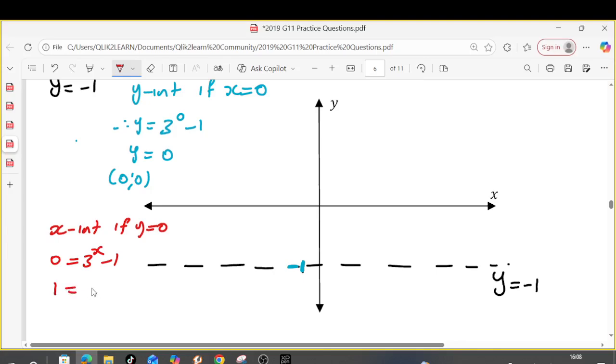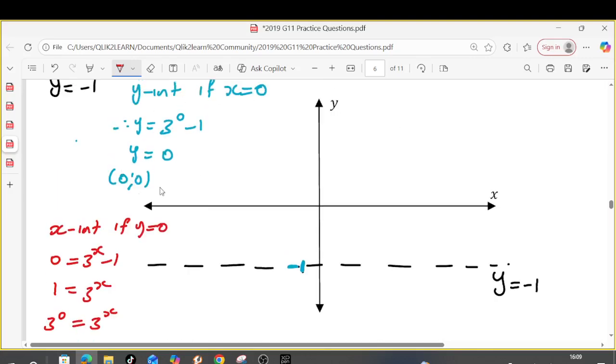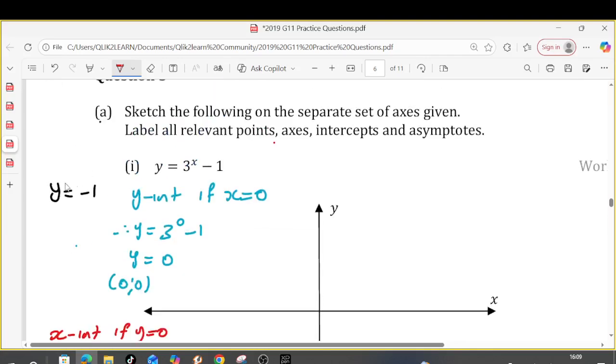The 1 comes this side. I have 3 to the x. 1 can be written as 3 to the power 0. Any number to the power 0 is what? It's 1. The bases are the same, so x is 0. So we can see that it cuts at 0 and 0. Now let's talk about the shape. If the value of a is greater than 0, your graph will look like this.